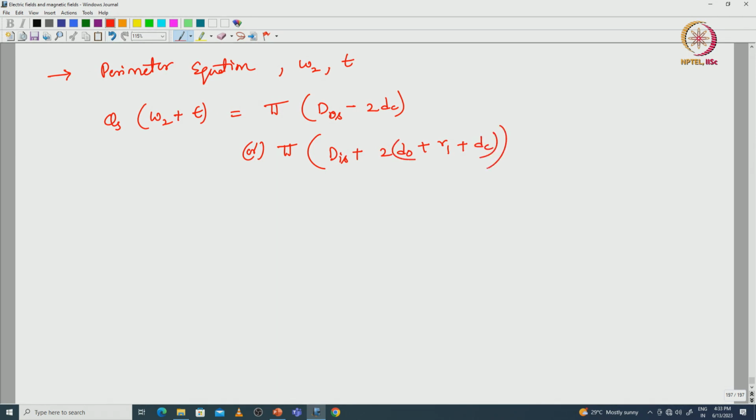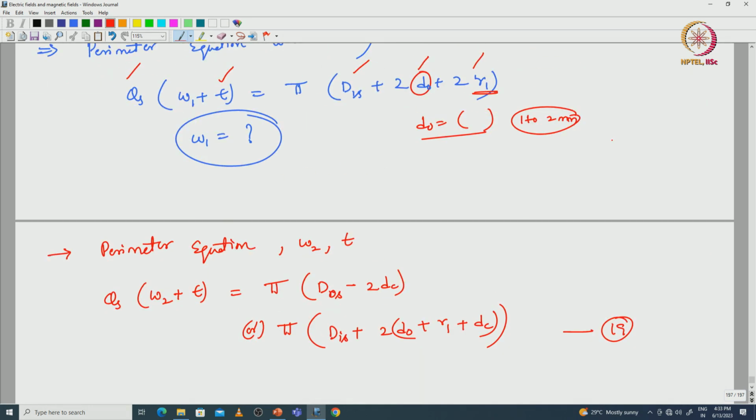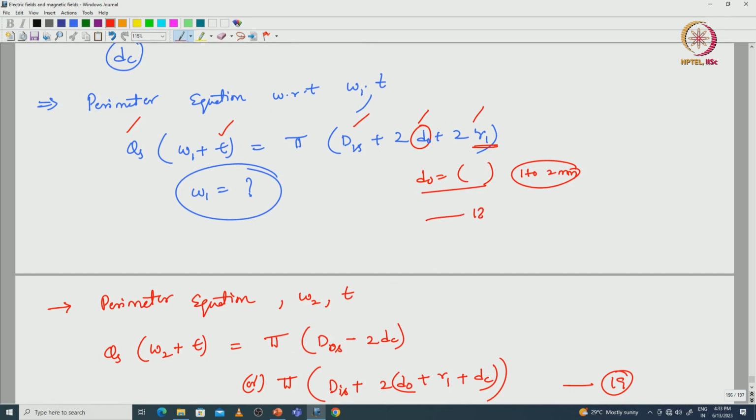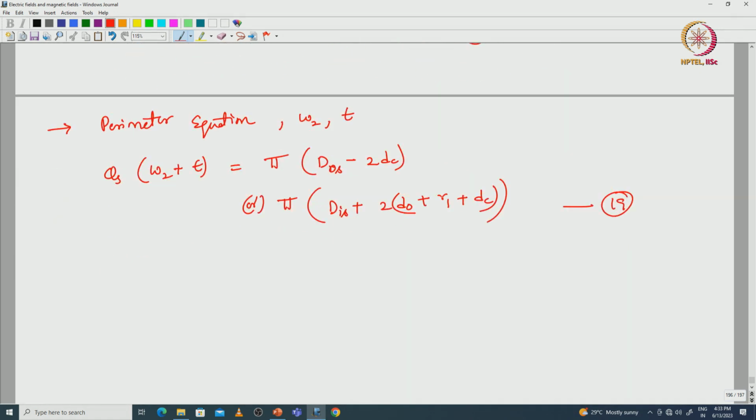So, from here we can calculate the value of W2, the slot width at the top side.